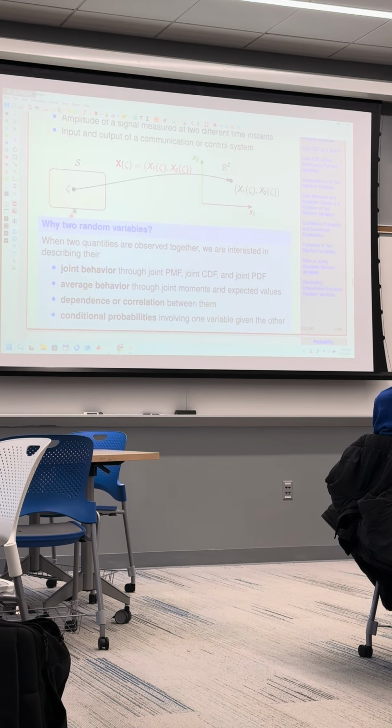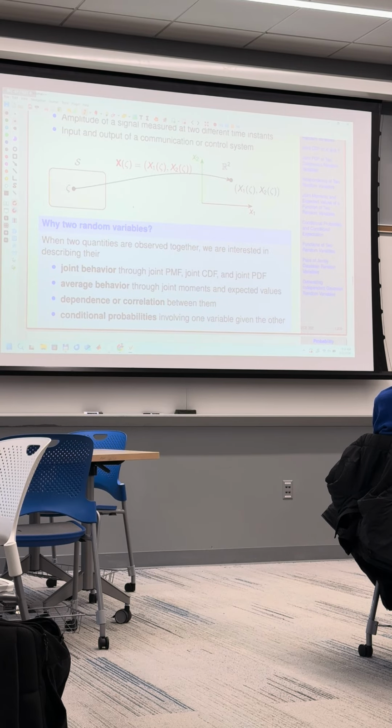In two random variables, because we are covering probability, there will be a sample space, which is basically a set of outcomes, and each outcome should map to this vector random variable. I'm going to use red.